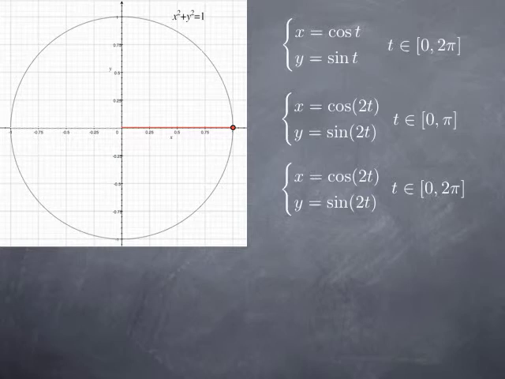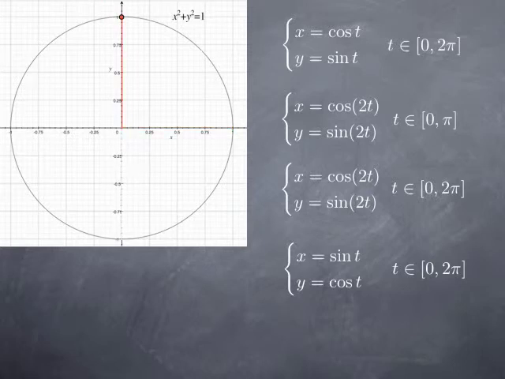Now let's look at another parameterization where, let's say, I switch the role of x and y. So x is sine t instead of cosine t, and y is cosine t instead of sine t. Well, then when t equals 0, x is sine 0, which is 0, y is cosine 0, which is 1, so we start at the point 0, 1 instead of 1, 0.